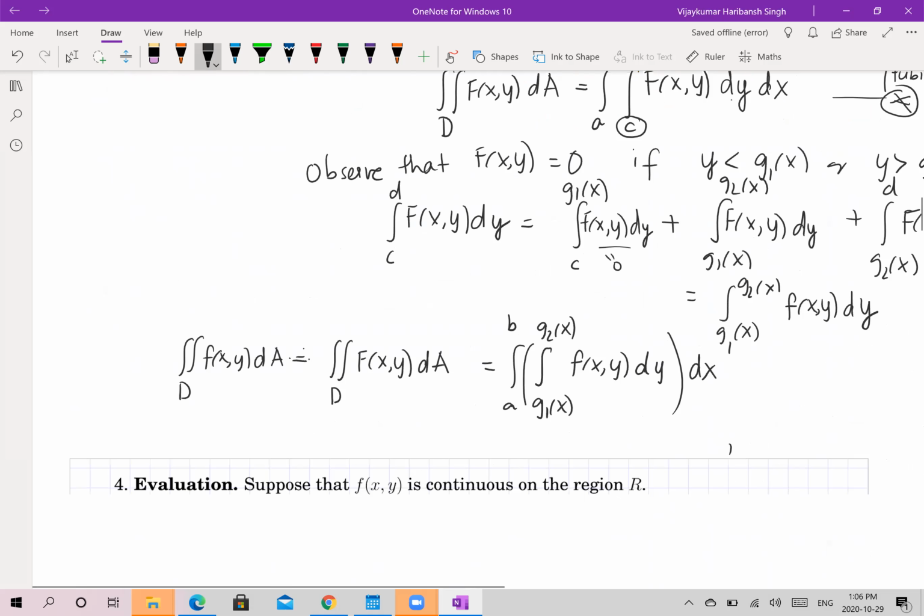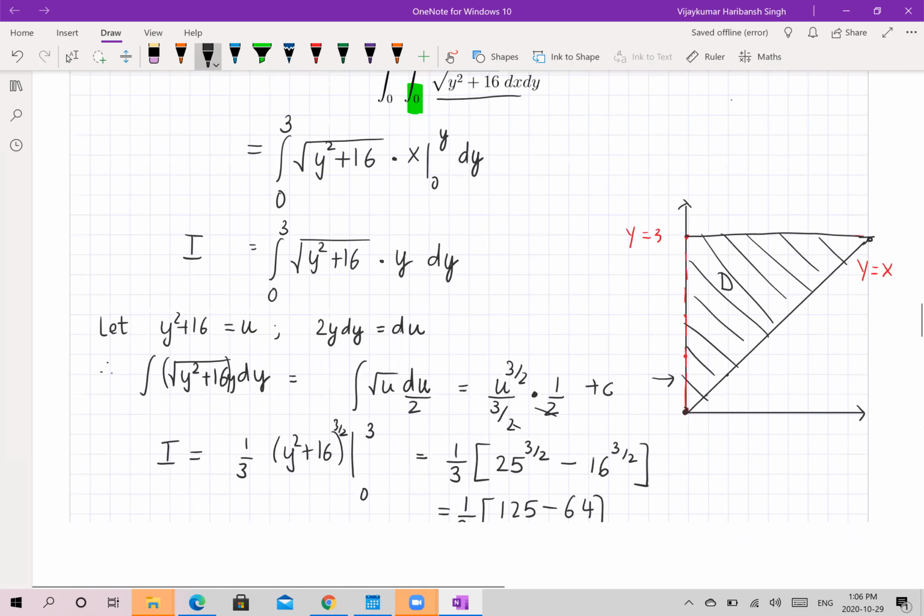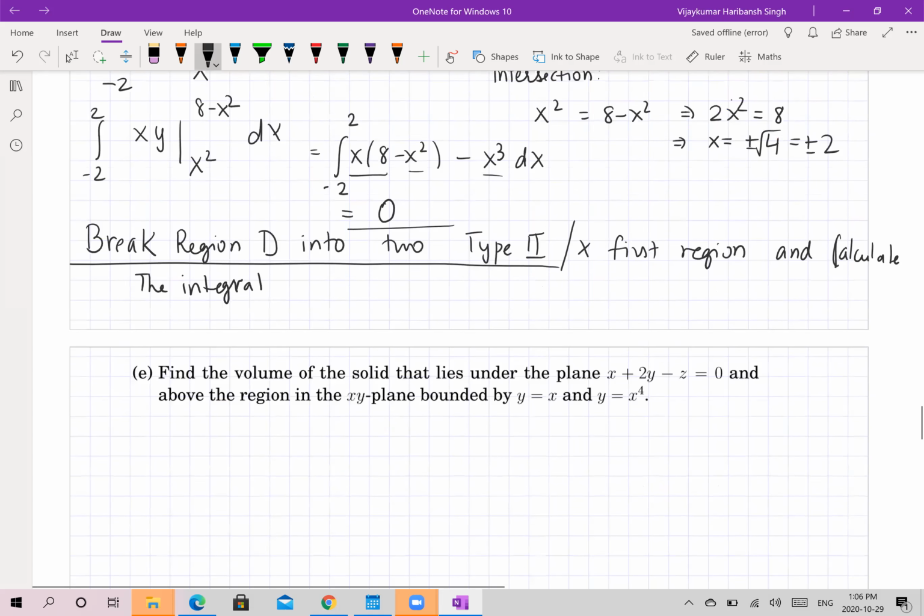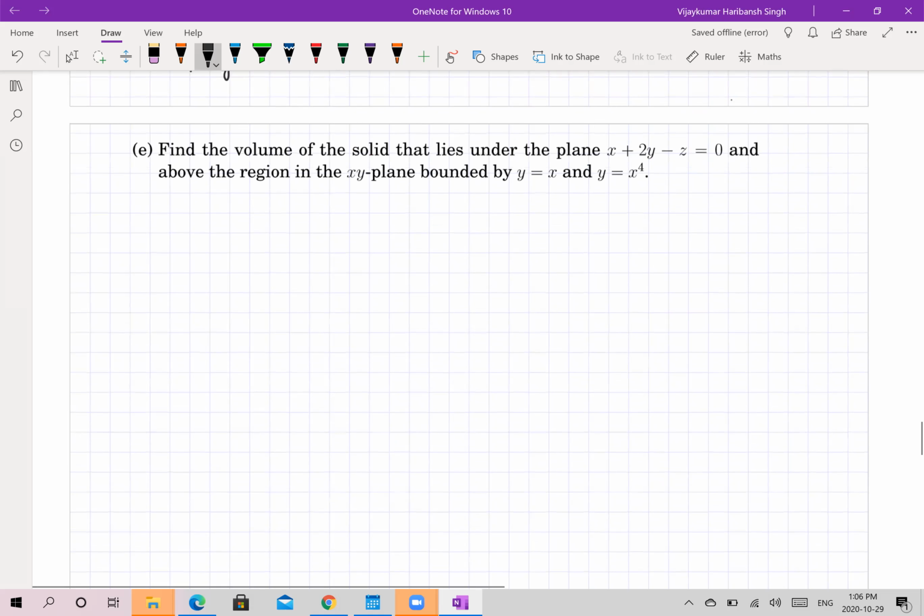Again, first things first, we'll draw the region for which we are integrating. So we'll draw the region D, which lies in the xy plane.